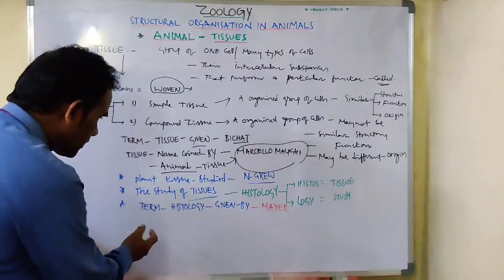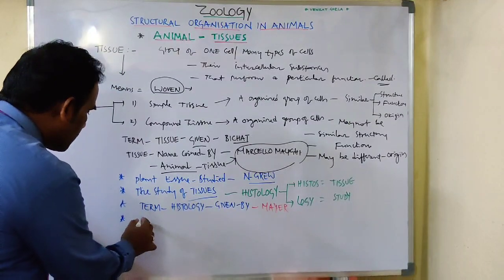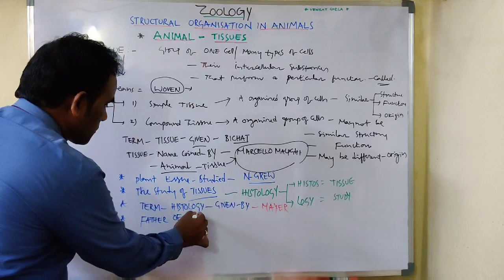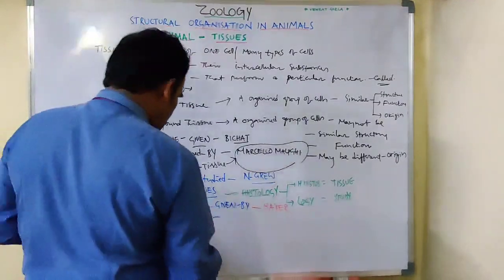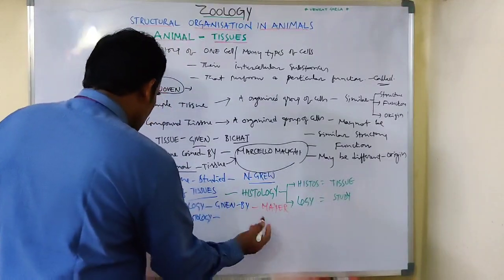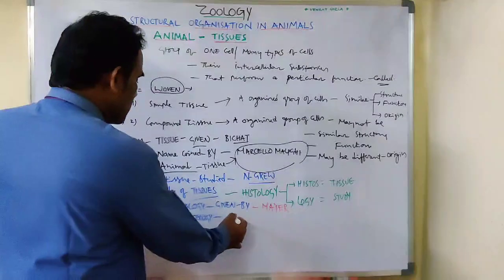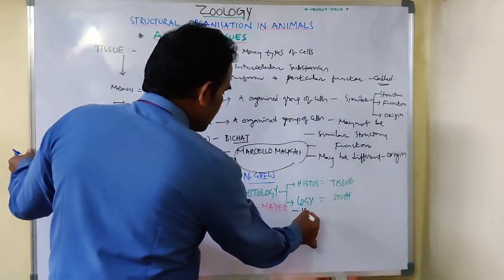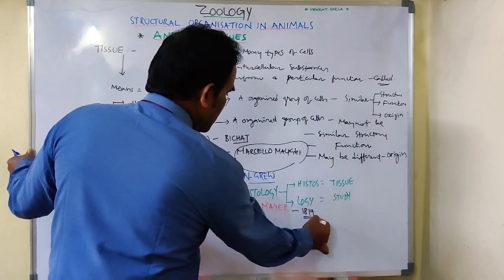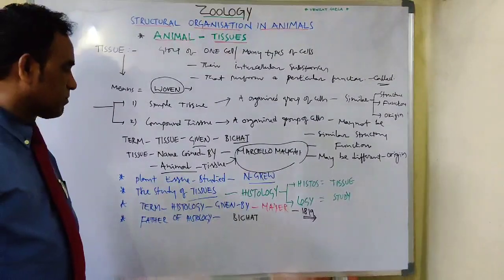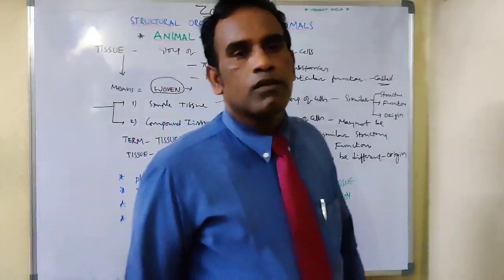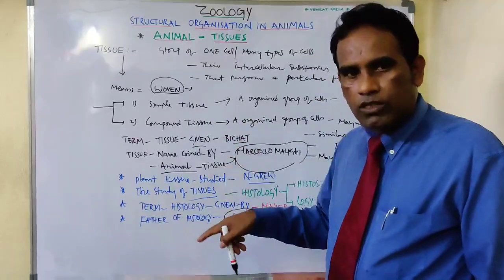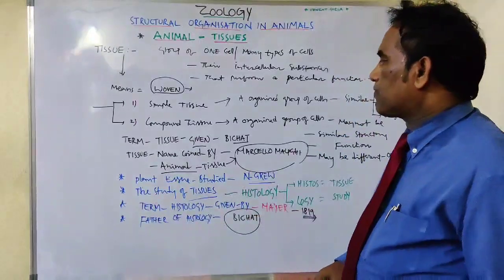And who was considered the father of histology? The credit goes to Bichat. In the year 1819, the term histology was given by Mayer, and the father of histology was considered to be Bichat. He was the one who studied the tissue, therefore he was considered the father of histology.